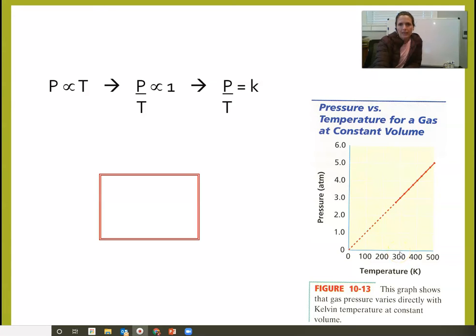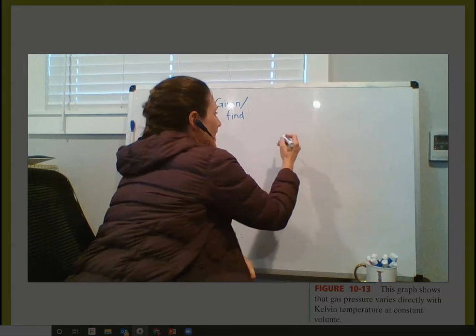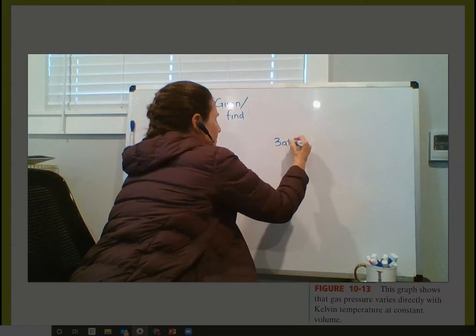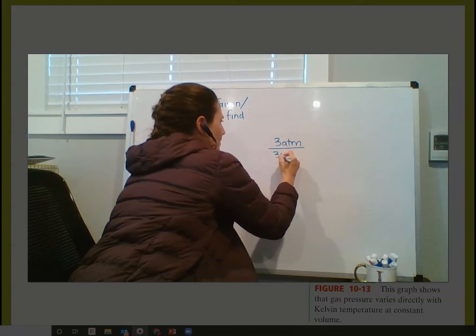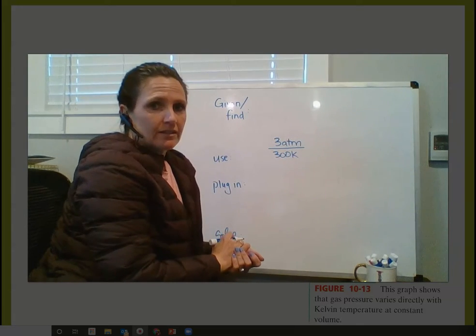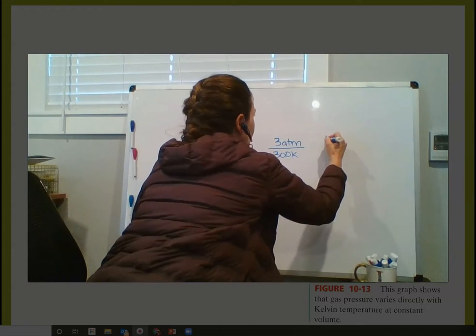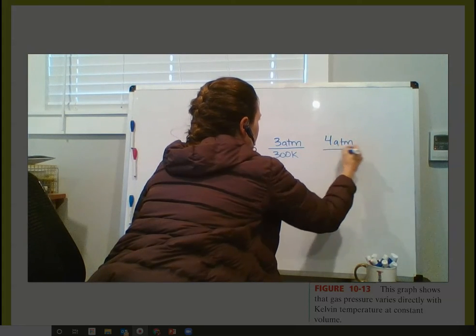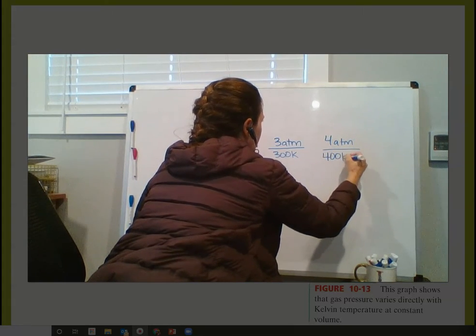If we look at a pressure of 3 atmospheres and bring that over to our line and then down, it will be 3 atmospheres of pressure at 300 Kelvin, and then we would see 4 atmospheres of pressure at 400 Kelvin.